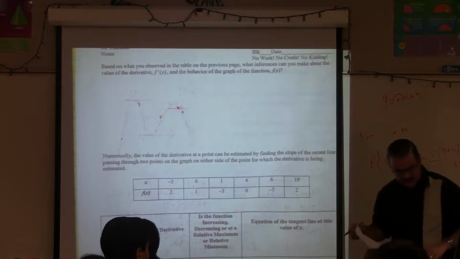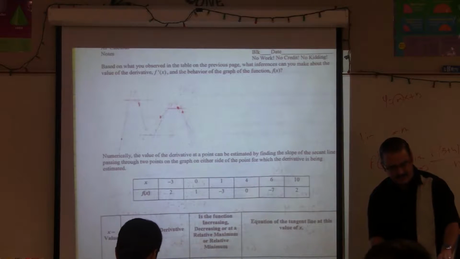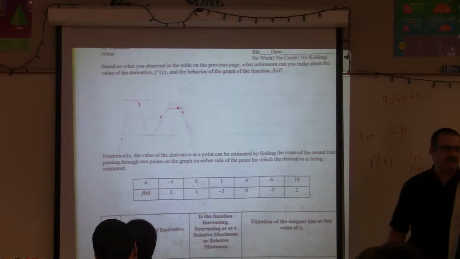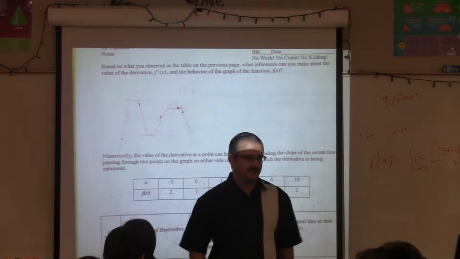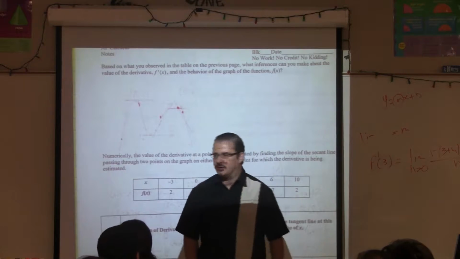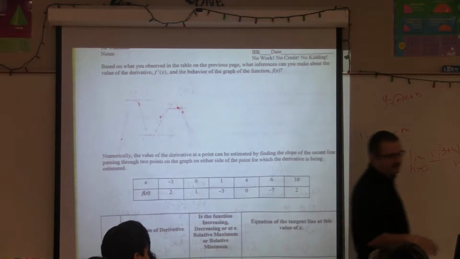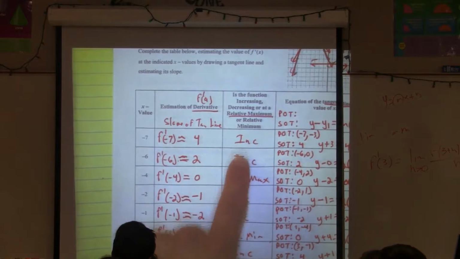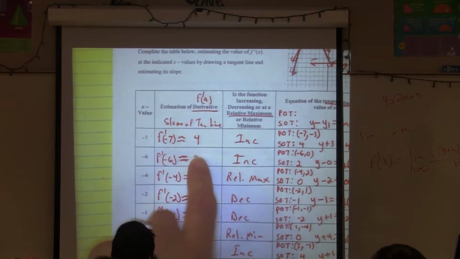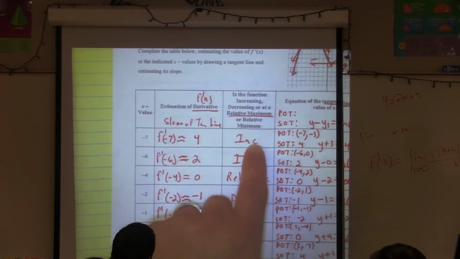All right, so let's put it all together and let's see if we can use the values that we get for derivatives to make predictions about the original function. Okay, so we figured out that when the derivative was positive, what was the original function doing? We got positive numbers here. What was the graph doing?